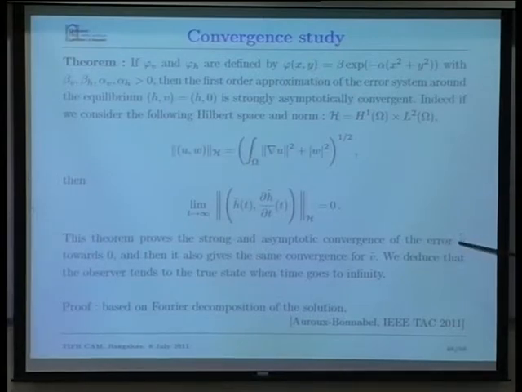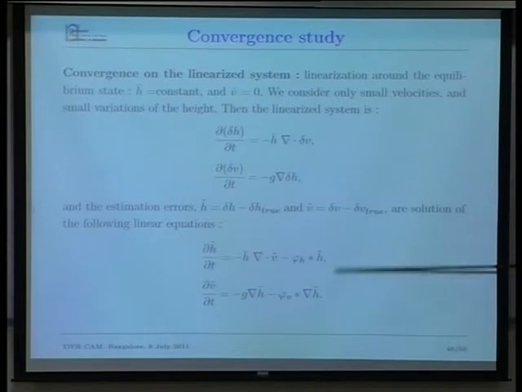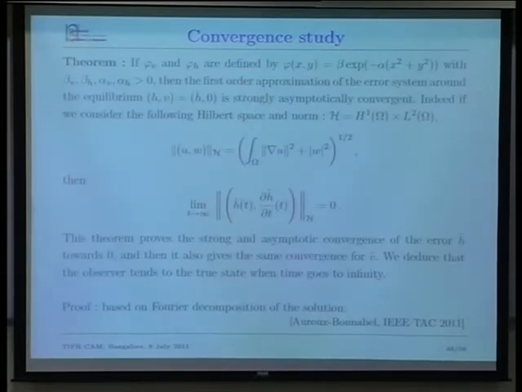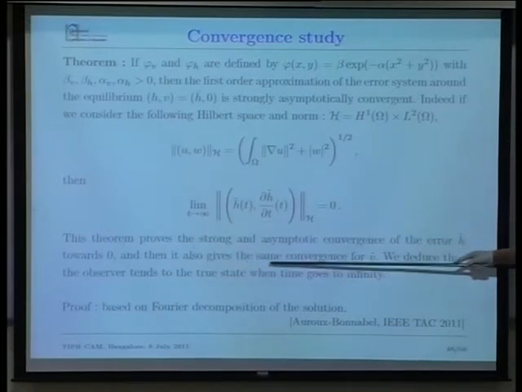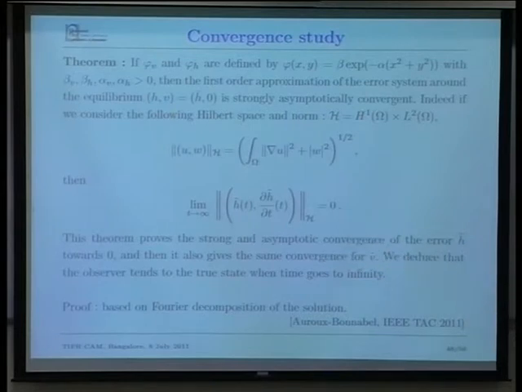So it means that you have a strong asymptotic convergence of the error on the height, and then also on the velocity. If you go back to this equation, you can see that if the gradient of H goes to 0, then V will also go to 0. So the observer, the nudging state, converges to the true state when time goes to infinity.